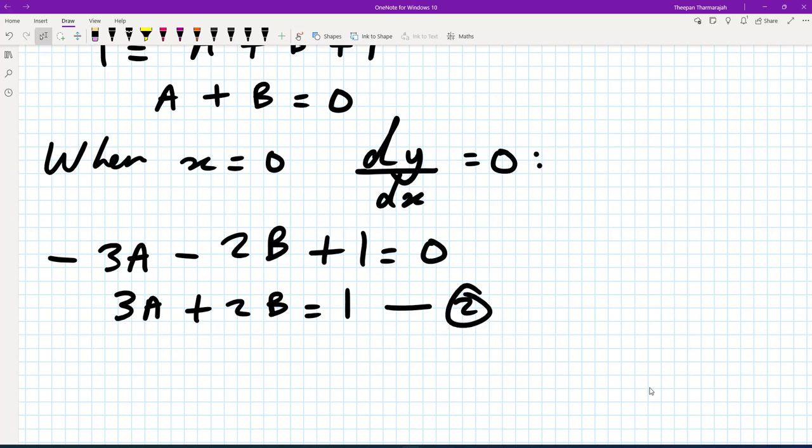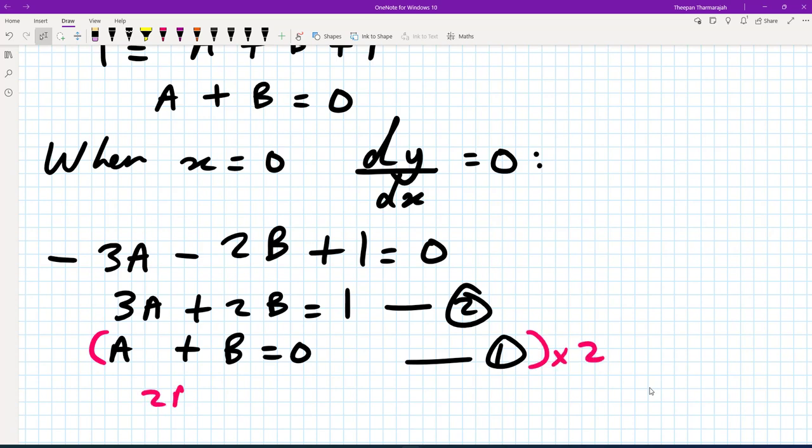That's our second equation, and we know that a plus b from equation 1 is 0. So I'm going to times equation 1 by 2. So we get 2a plus 2b equals 0. That's our third equation.